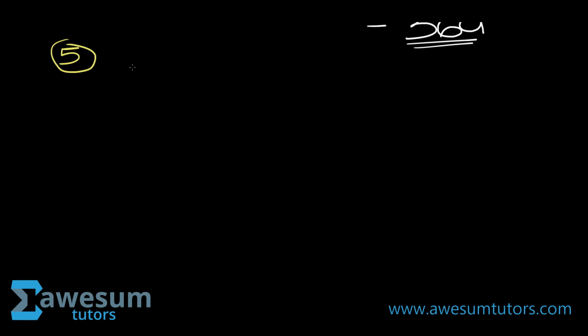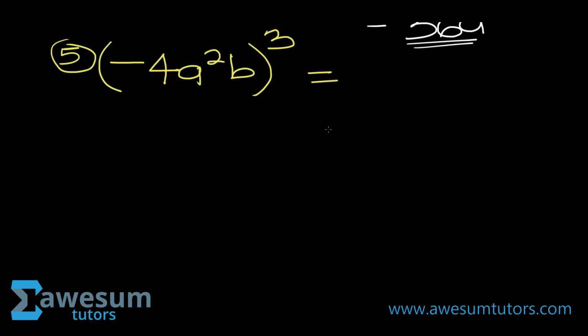Example 5. Negative 4 a squared b all raised to the power of 3. Very easy guys, very easy.